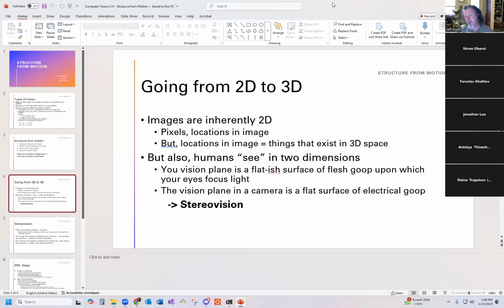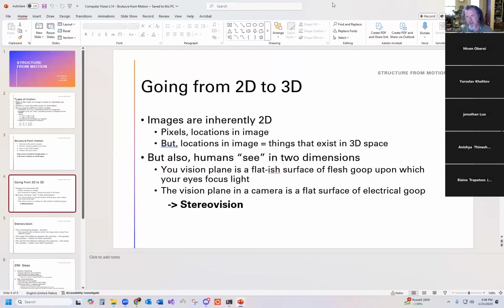And if you're doing a camera, right, instead of our flesh goop, it's a 2D electrical goop, usually a charge coupled device, which is just an array of little diodes that will turn energy from light into an electrical signal, which is very much what our eyes do. In both cases, it is the overlap of the two-dimensional images that gives us three-dimensional space.